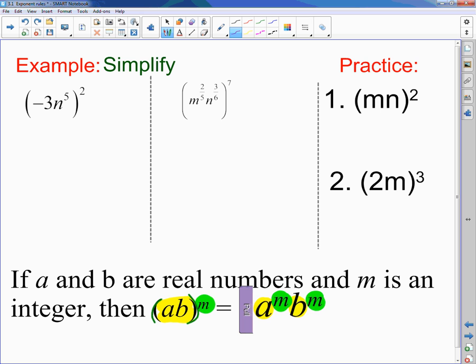This 2, this exponent, needs to go to every single thing inside the parentheses. So I'm actually going to start with a negative. If you square a negative, right, it's an even power, it's going to become positive. All right. Let's take that 2 and drop it to the 3. Our rule is power to power. We multiply, but you need to recognize here that the exponent by the 3. So if we look at this 3, it doesn't actually have an exponent.